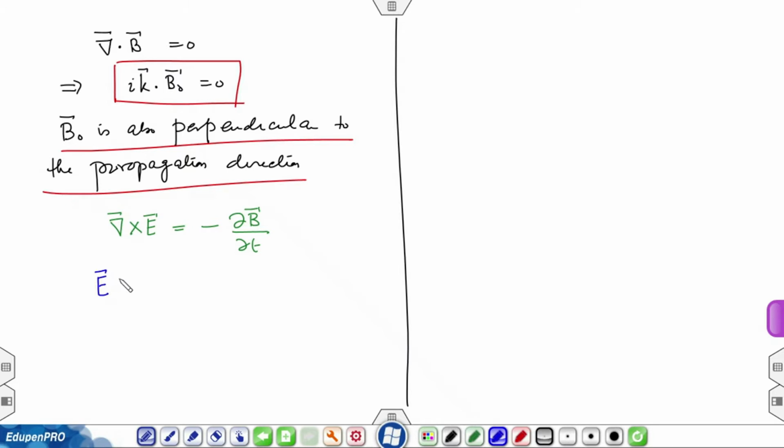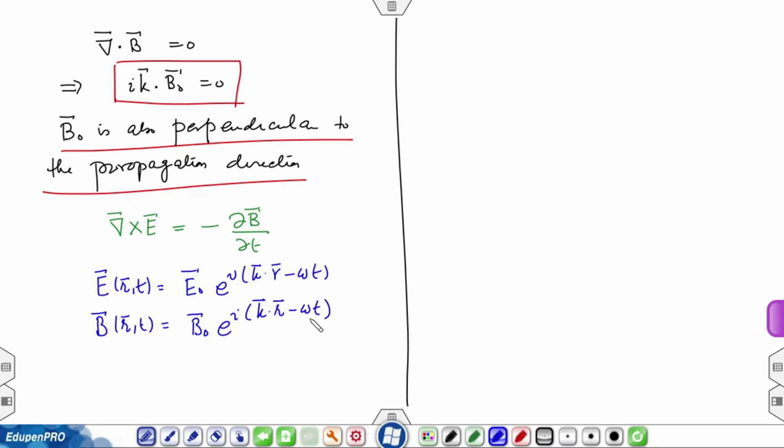You see, E(r,t) is E0 e^{i(k·r − ωt)}, and B(r,t) is B0 e^{i(k·r − ωt)}.